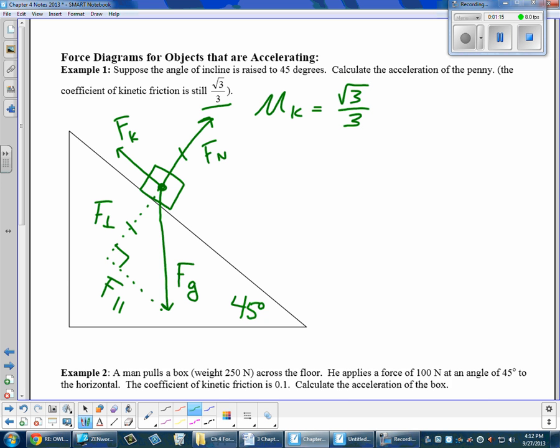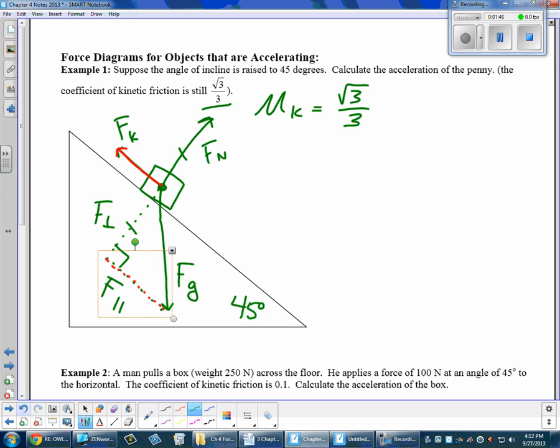Now, in this case, the force of kinetic friction is not equal to my parallel force. In fact, my parallel force must be longer than my force of kinetic friction, and that's what allows it to accelerate down the ramp. That parallel force being bigger is what makes the penny slide down the ramp.